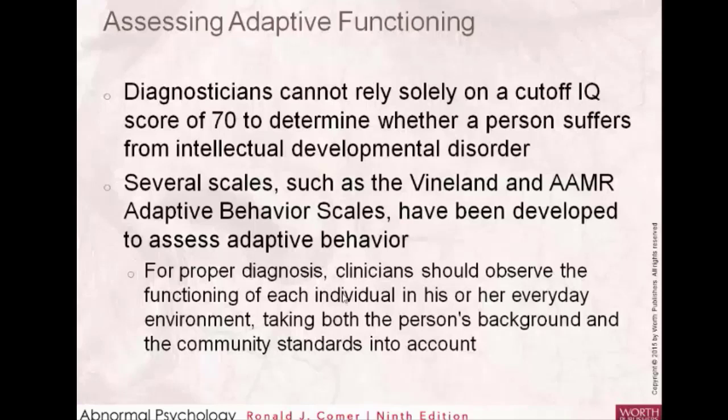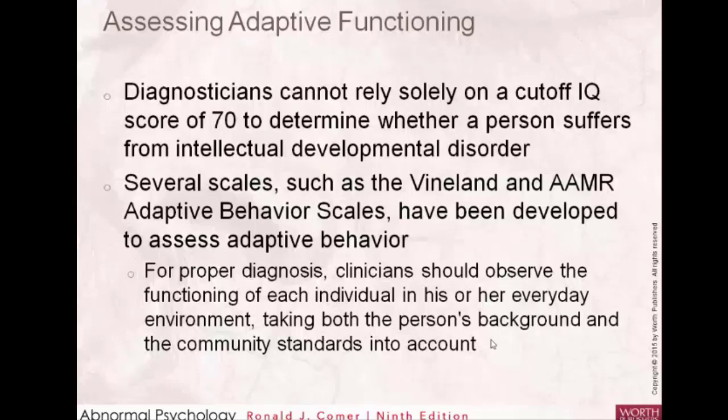That kind of thing. But then as a person gets older, there would be some other additional criteria that you would expect. As we get older, there are more responsibilities that we have. So you would take into account the person's intelligence score. You would take into account the person's daily functioning, which you might not get just from a test, but also from an interview and also from observations. And in addition to that, you might take into account the person's unique situation.